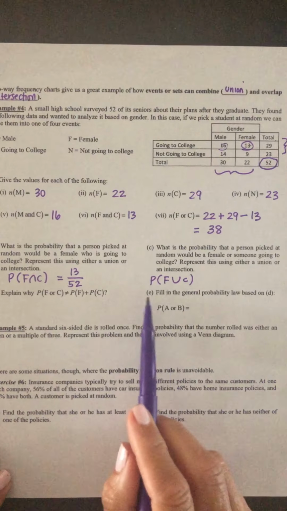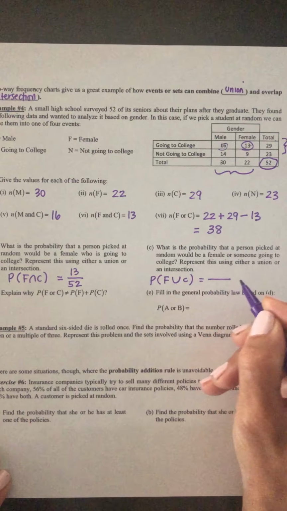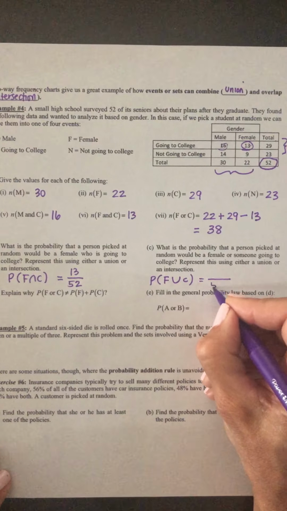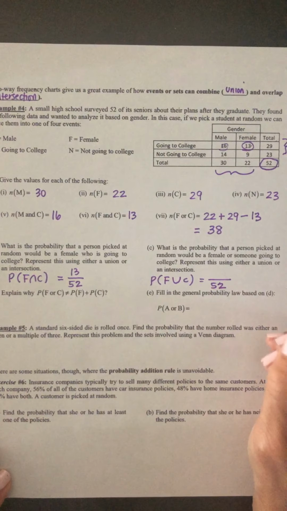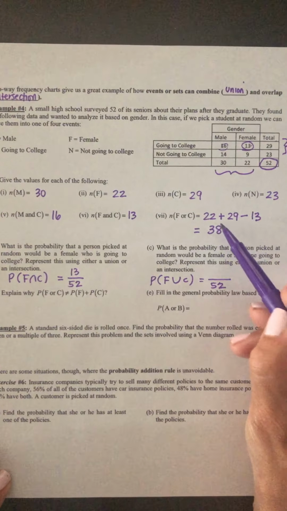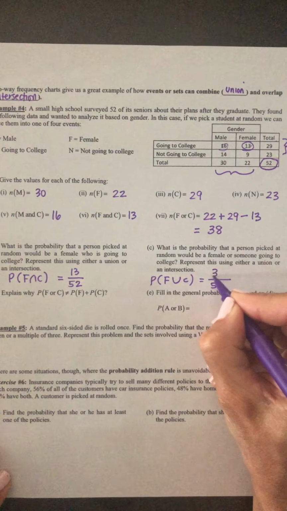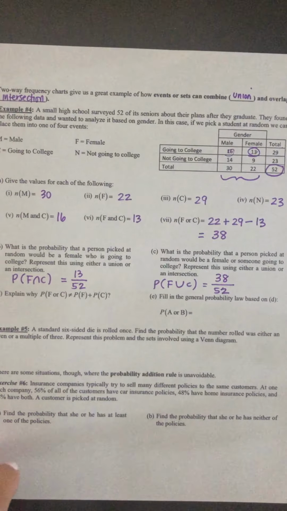So part over whole. The whole, again, is going to be 52. The part is going to be the female or college. We just figured that out. The number of people that fall into that category is 38 out of 52.